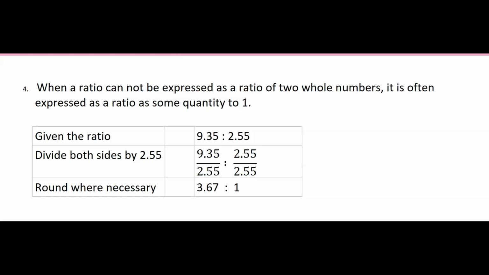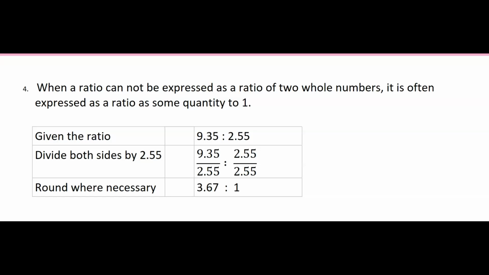In this fourth example, when a ratio cannot be expressed as a ratio of two whole numbers, it is often expressed as a ratio of some quantity to 1. So given the ratio 9.35 to 2.55, this will not be evenly divisible.